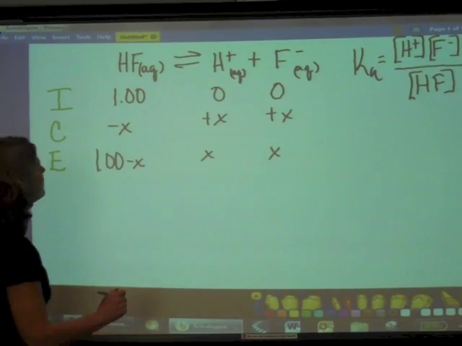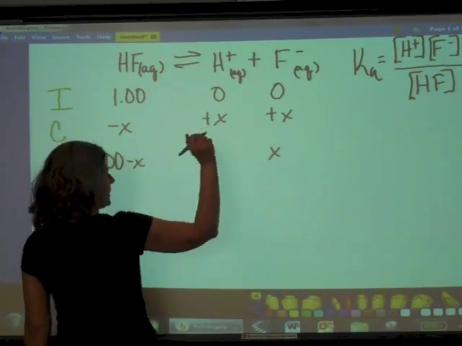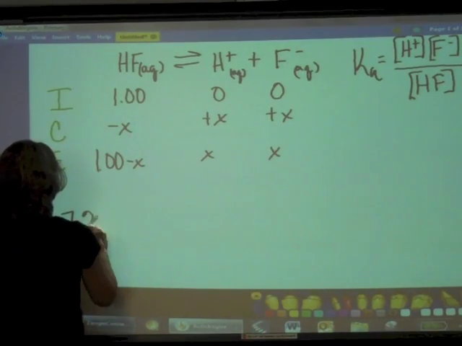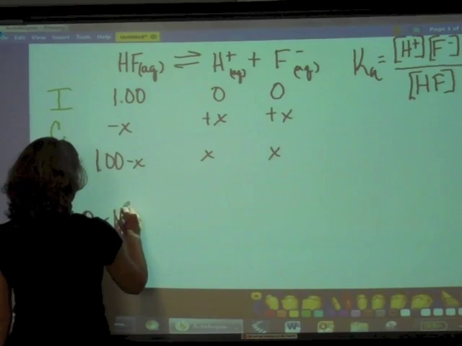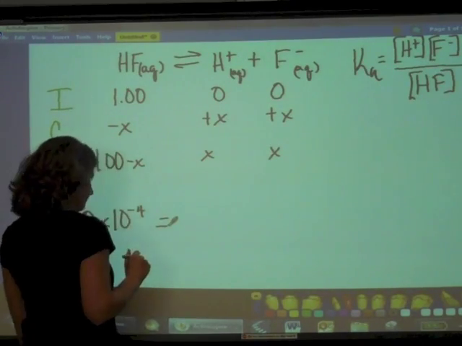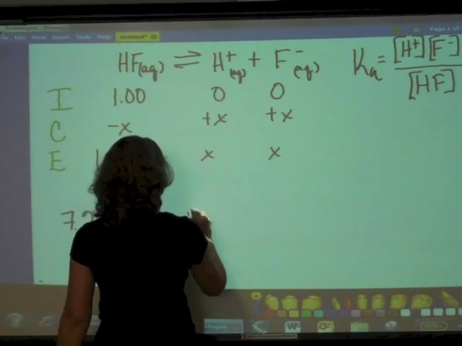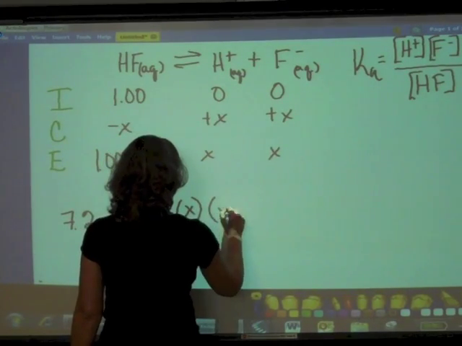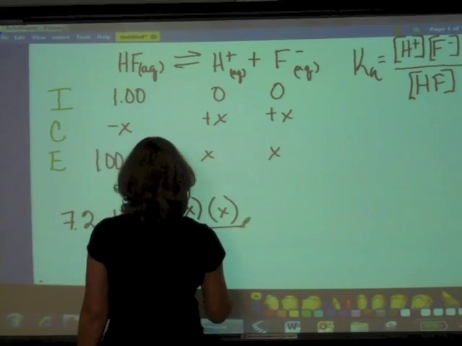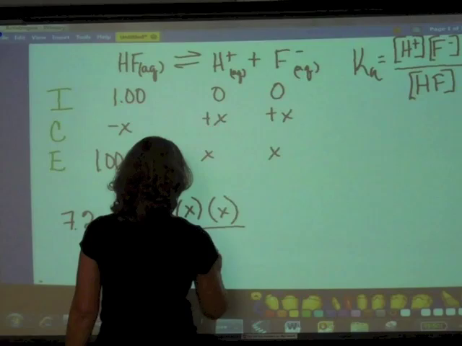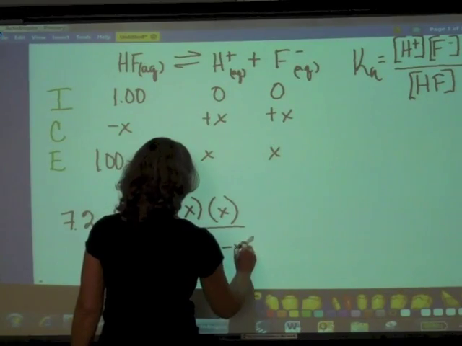So we have 7.2 times 10 to the minus 4th is equal to x times x over 1.00 minus x.